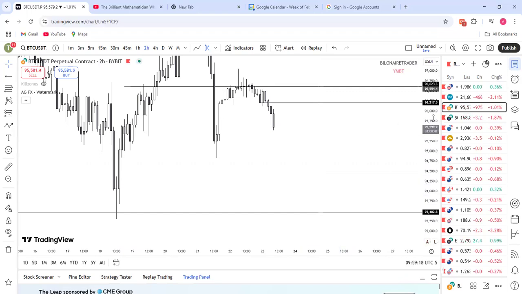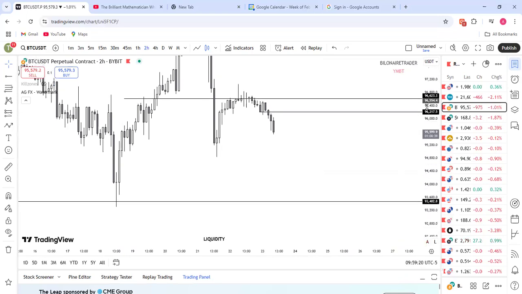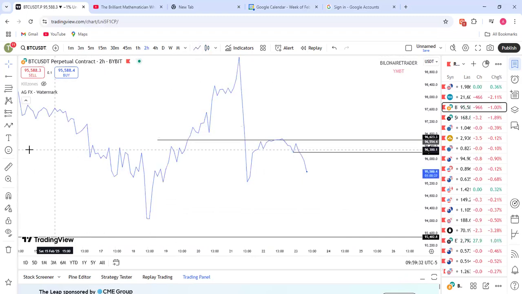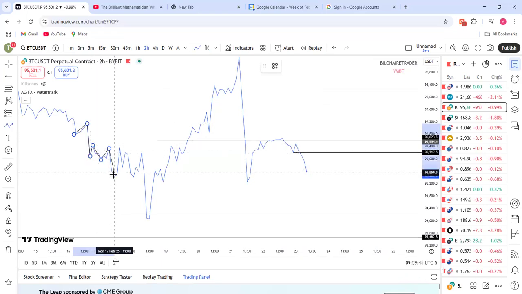So now, all of these that we see are the behavior of the market, right? So when we look at this behavior of the market, let's come to the line chart. Look at this now. Just like we spoke about market structure: a lower low, lower high, lower low, lower high, lower low.